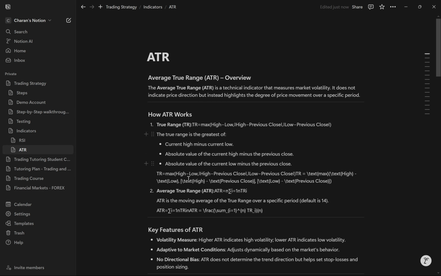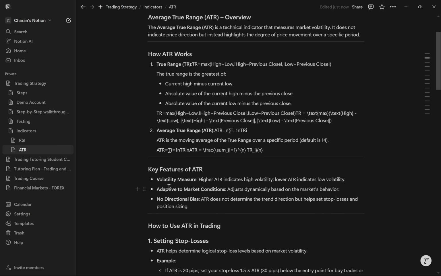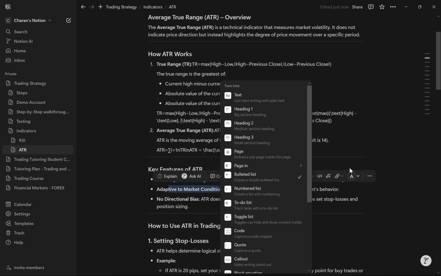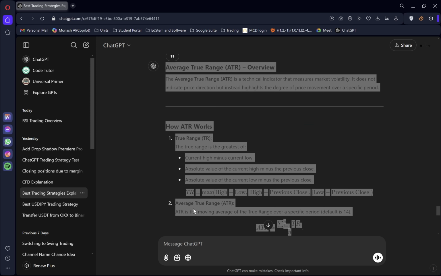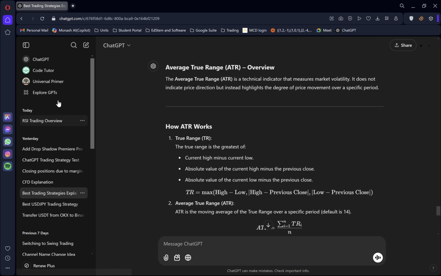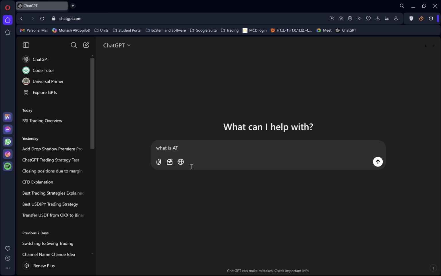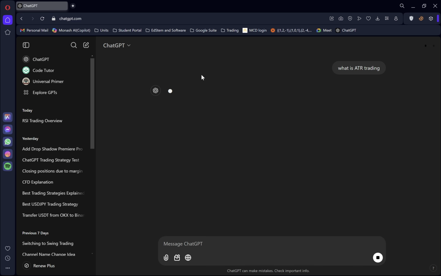So ATR, a higher ATR indicates high volatility, a lower one low volatility. Let's actually see what ATR trading is.